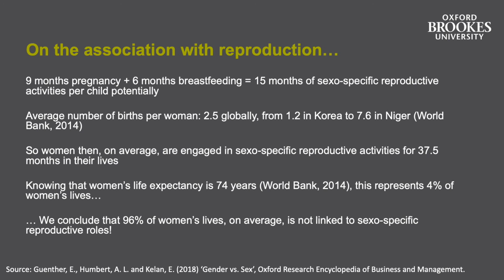So women then, on average, are engaged in sex-specific reproductive activities for 37.5 months in their lives. Now, knowing that women's life expectancy is 74 years, this represents 4% of women's lives. We conclude, therefore, that 96% of women's lives, on average, is not linked to sex-specific reproductive roles.